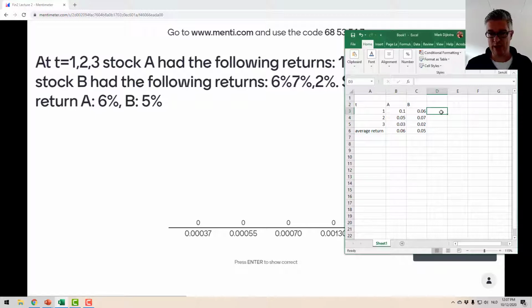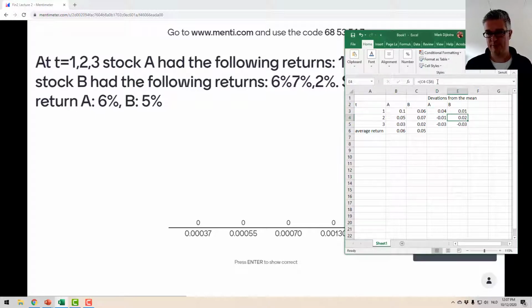So let's do that for A. For A, it's going to be 0.1 minus 0.06. Let's call these the deviations from the mean, from the average, for A and for B. Then let's copy and paste this. Let's see if I'm doing all of this correctly.